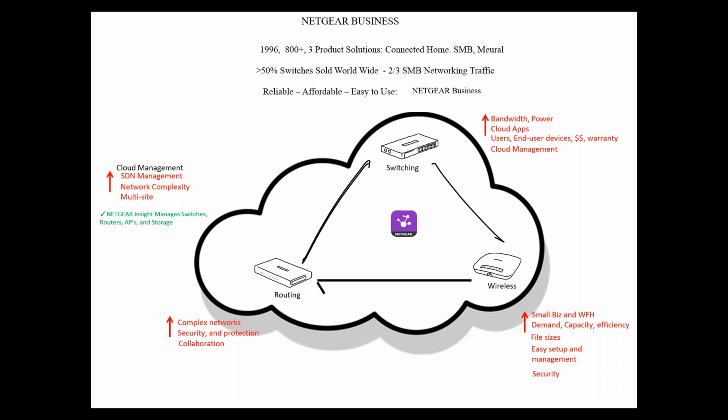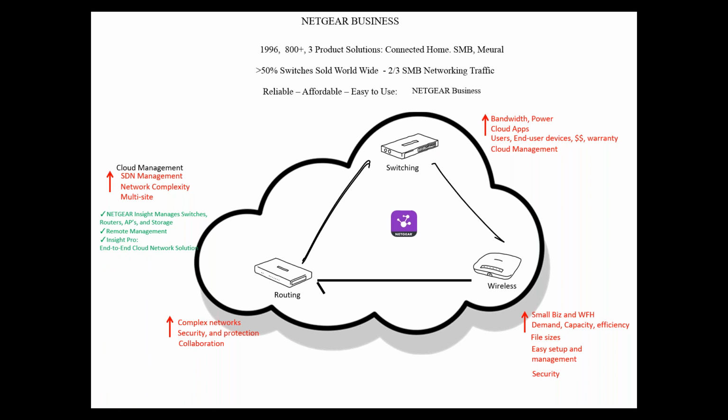But remote management: we provide remote management across all of this, the switching, the access points, the routers, whether wired or wireless. Firmware management, all of that can be done remotely. So that's what Insight Pro can do.